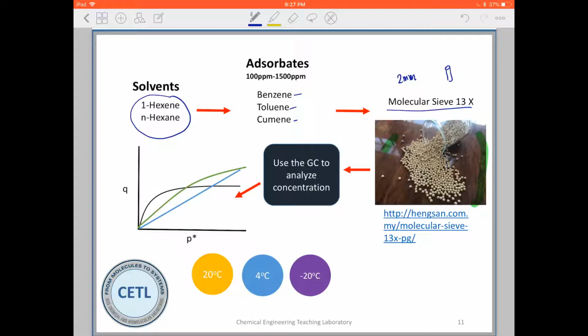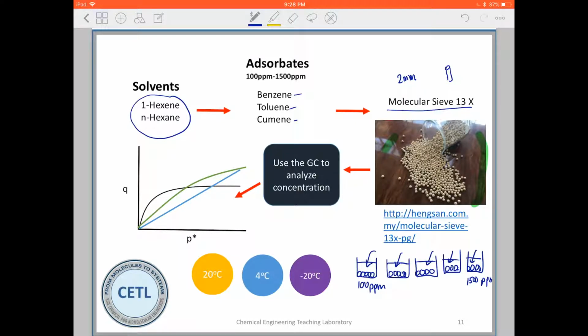Okay, so what you're going to do is set up several different beakers with different concentrations of your benzene, toluene, or cumene at concentrations that range between 100 parts per million all the way up to 1500 parts per million. You're going to add your molecular sieve to the bottom of each one of these beakers, and then you will be adding your solvent, and inside your solvent you're going to be mixing your adsorbate molecules.